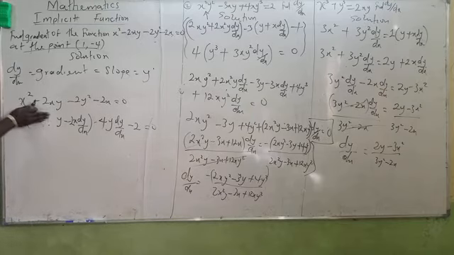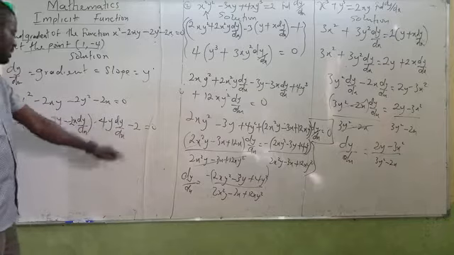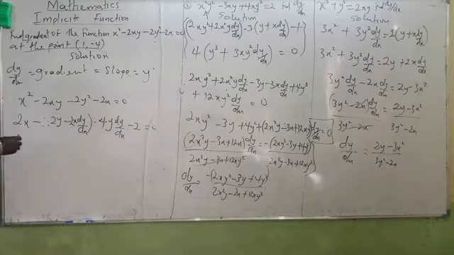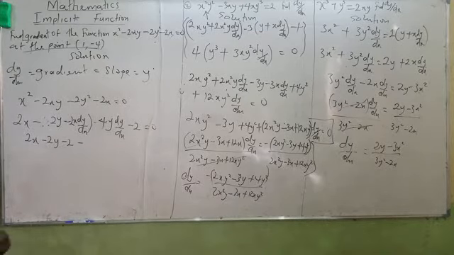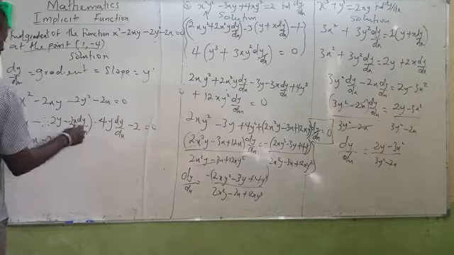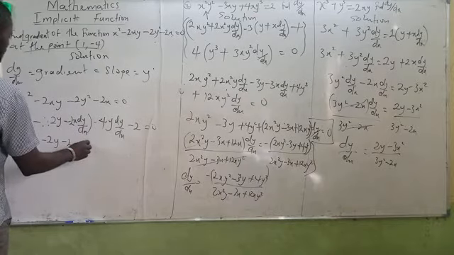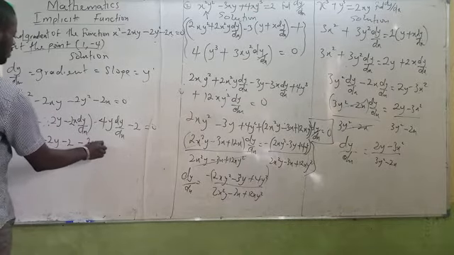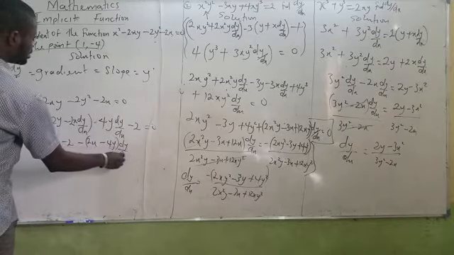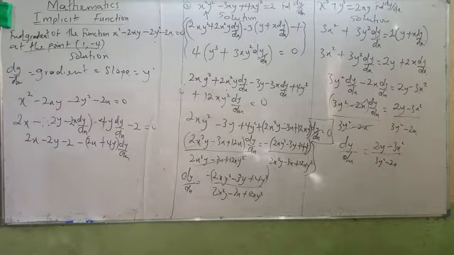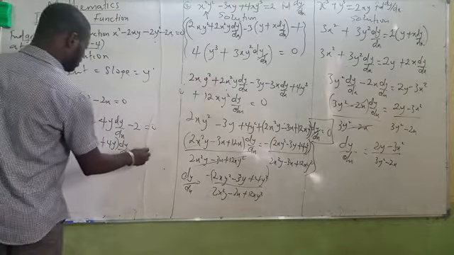Now, since I've opened my brackets, I can connect like signs. I'll be having 2x minus 2y minus 2, minus 2x minus 4y bracket of dy/dx. Here will be plus, because I'm just opening brackets, equals 0.